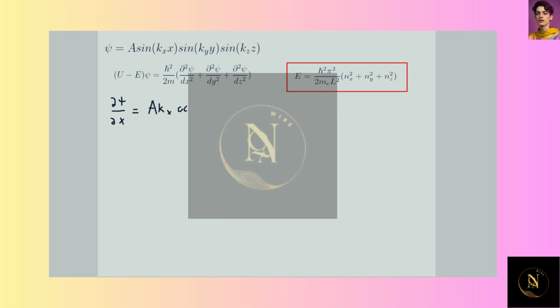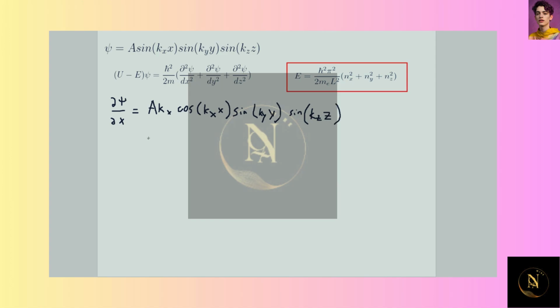We get a cos kx x, sine ky y, sine kz z.